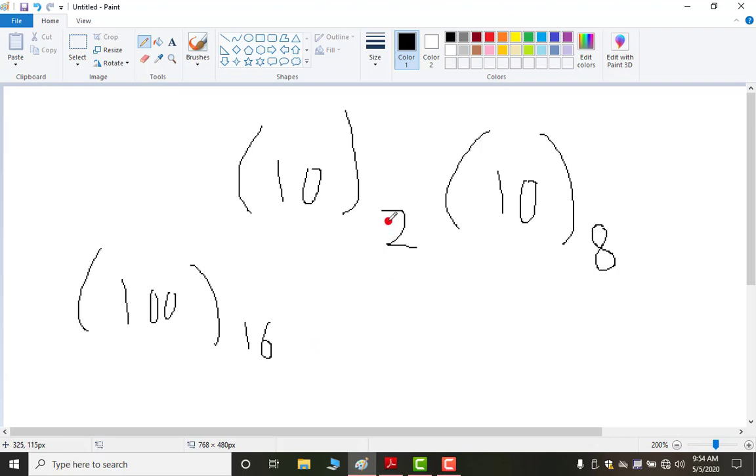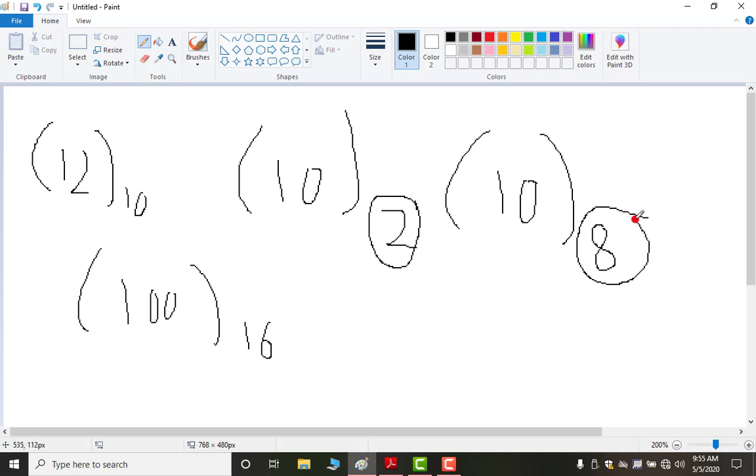So basically we have 4 types of number system. This is the example of binary, this is the example of octal, this is the example of decimal, and this is the example of hexadecimal. Basically, these are the 4 number systems that are being used in your computers.